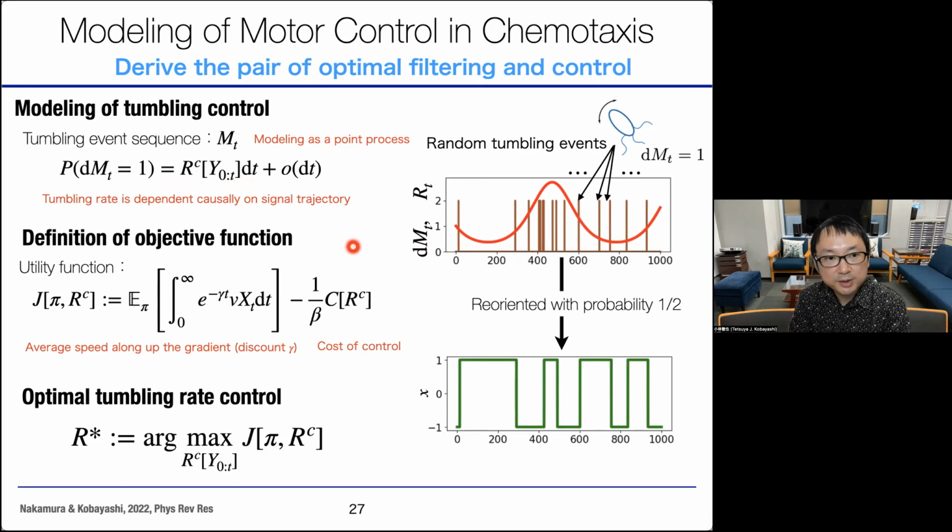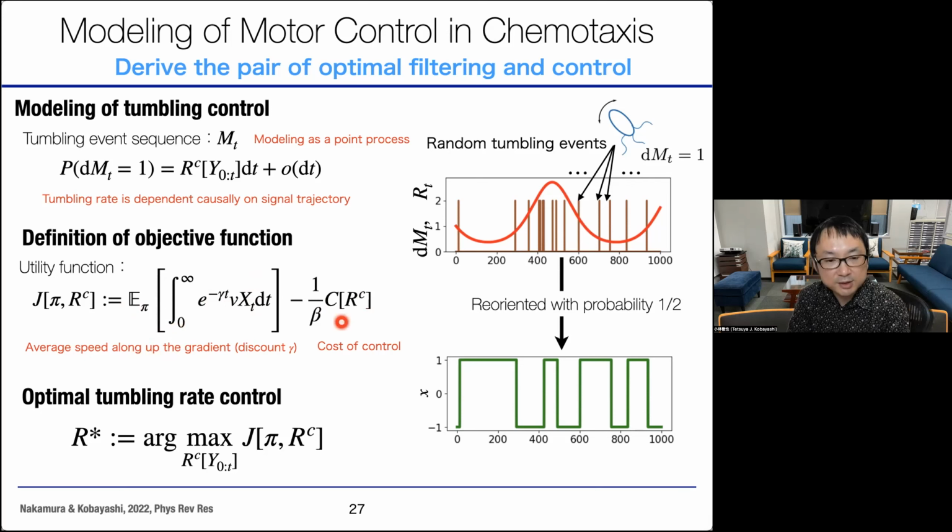So in order to apply the control theory, we have to define the objective function of this system for the cell. The objective function has two components. One is the utility function. Here we use the average speed of the cell up the gradient. So this is the average.